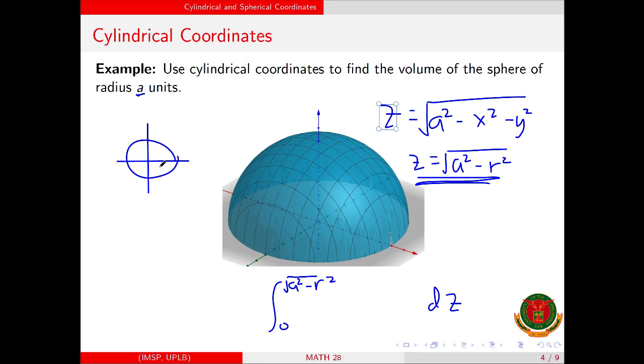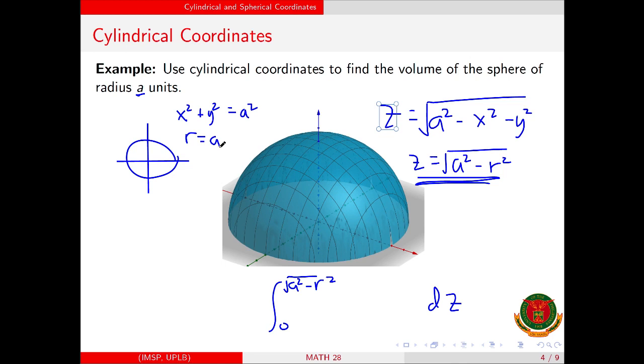So if we have a circle of radius a units in Cartesian coordinate system, that is represented by x squared plus y squared equals a squared. Converting this into cylindrical equations, or more popularly known as polar equations, that could be written as r equals a.